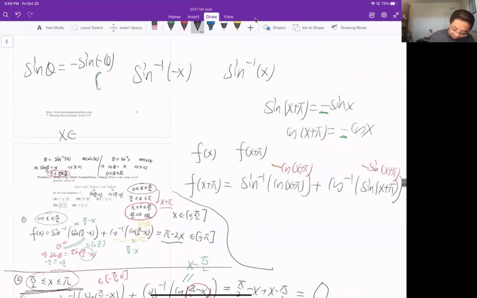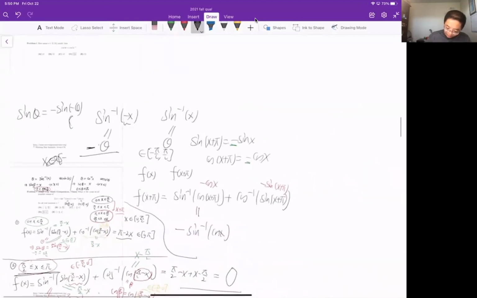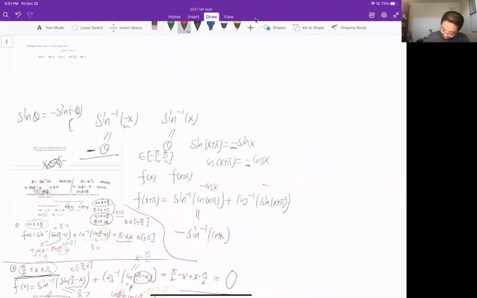If this is theta, then we get negative theta, and the range does not change; they are both from negative pi/2 to pi/2. So sine inverse of negative sine x is negative sine inverse of sine x.